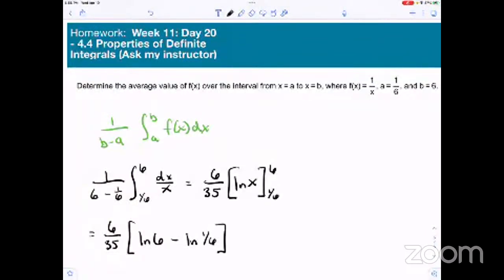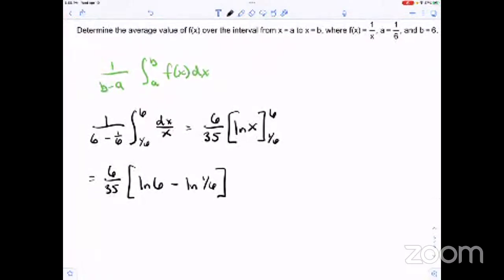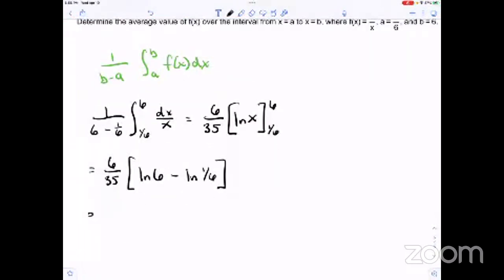So I feel like we can break this apart into the log of 6 minus the log of 1, so then it's really going to be 2 times the log of 6. It said type an exact answer. So if that's 2 times the log of 6, then 6/35 times 2 gives us 12/35 times the log of 6. I think that's it.